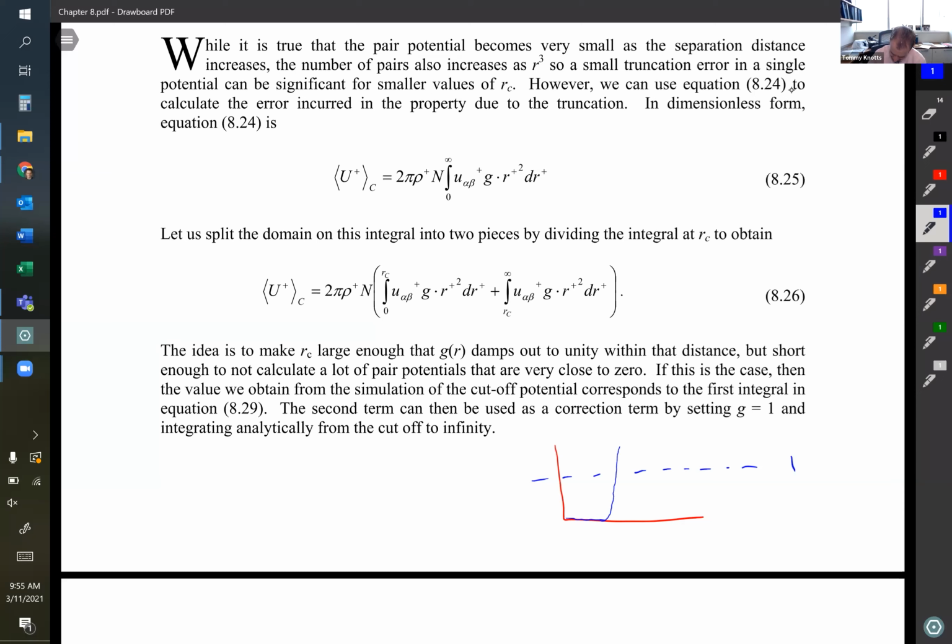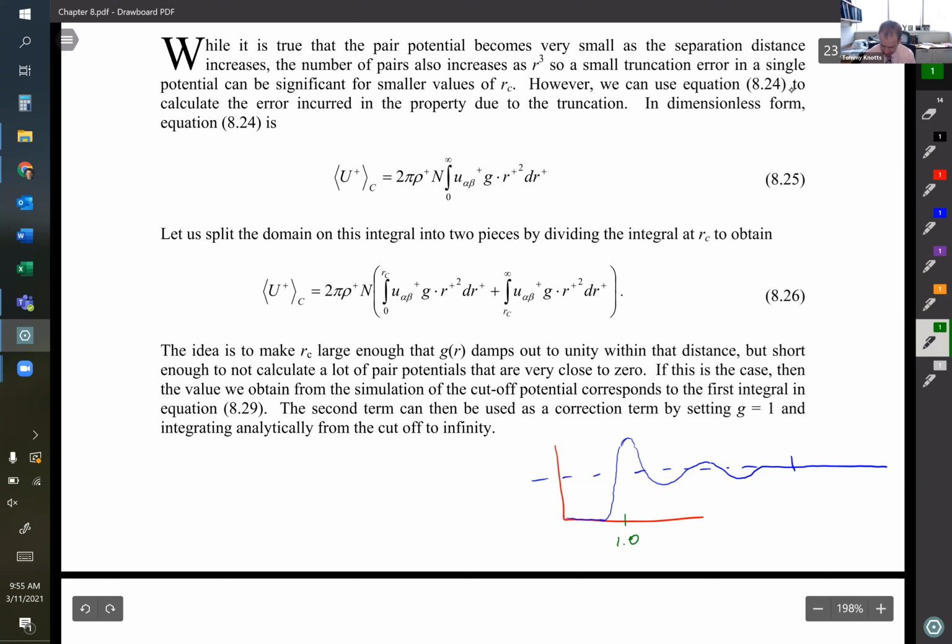So that by the time it gets to 1 sigma, it's high likelihood. And then at 1.5, it comes down. Might have a second shell, might even have third or fourth shells, but eventually this thing gets out to 1. This is about 1 sigma or dimensionless 1. This is about 1.5, and this is about 2.